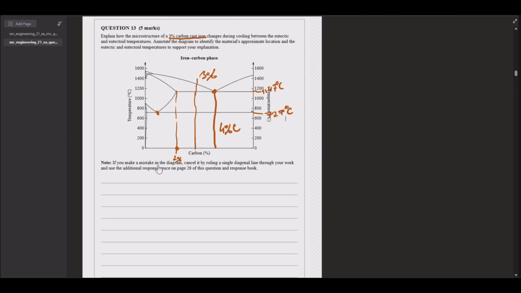So let's say we start off with both phases combining in a liquid, and then when they reach the eutectic temperature of 1147 degrees, we're going to see that this region, it's here, is austenite and cementite. So it's going to start forming semi-solid structures of austenite and cementite, but they're still going to be able to move a little bit.